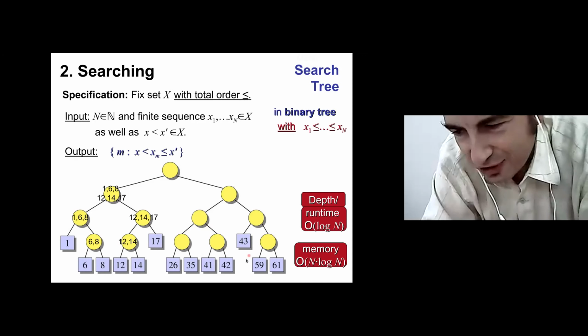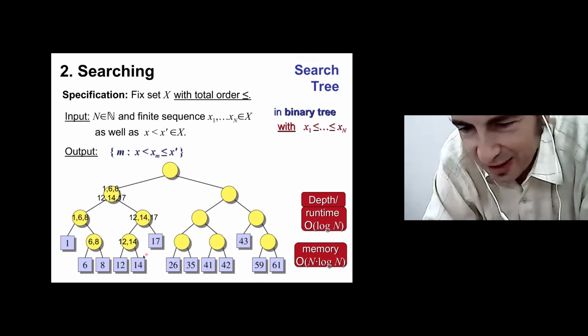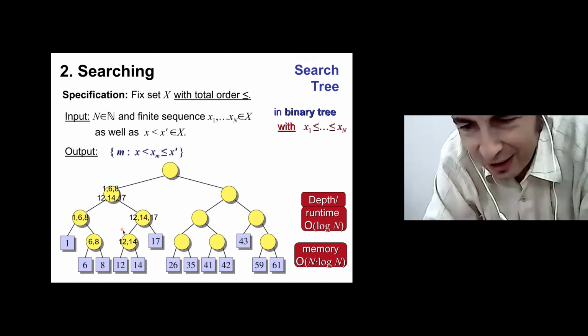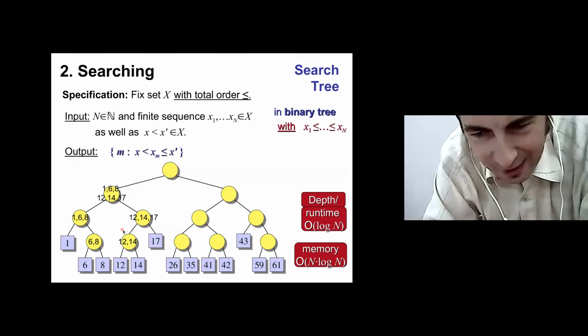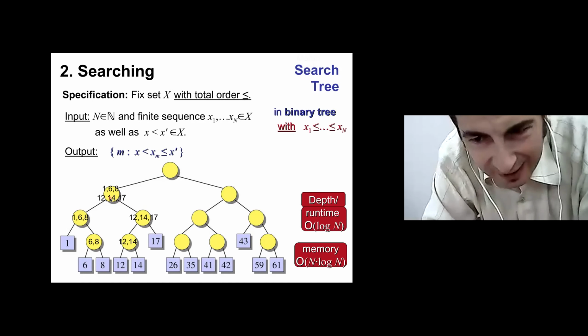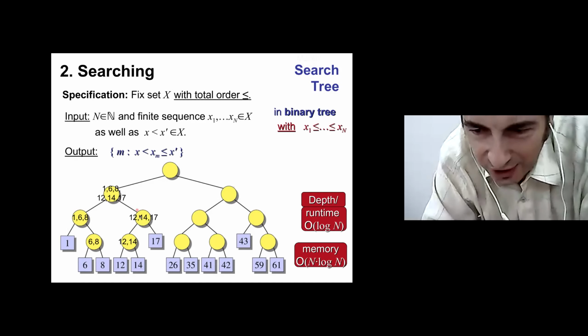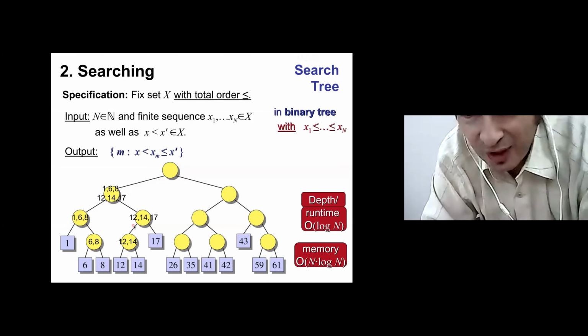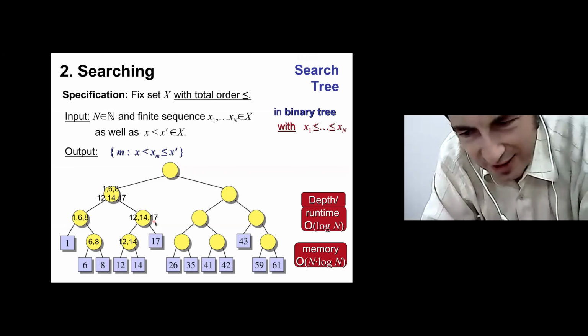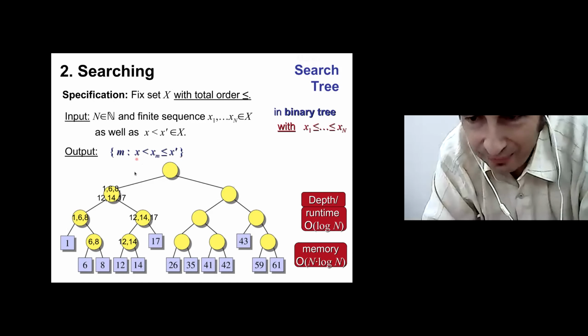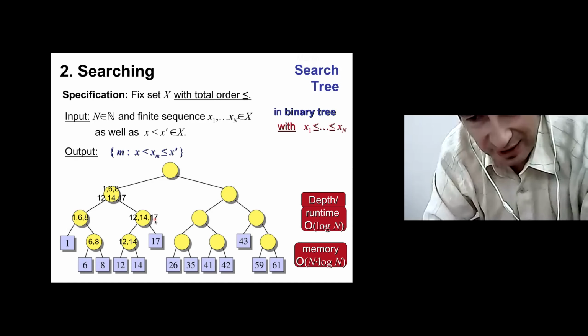Okay, and then of course you have n elements, each stored log n times, so you have n log n. And then I said, okay, in fact, I said this last time, but let me say it again: you do not need to store all the elements. What you need to store in each node is only the largest element, the smallest element, and the number of elements. So for this counting problem, you do not need all the elements. Okay.